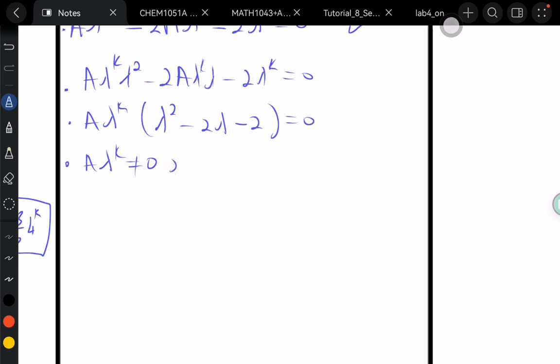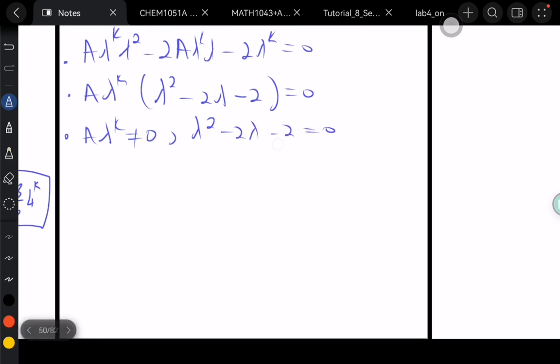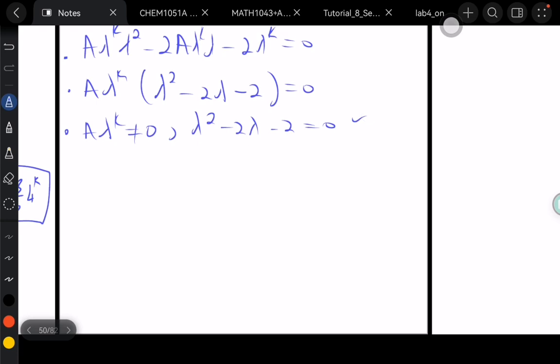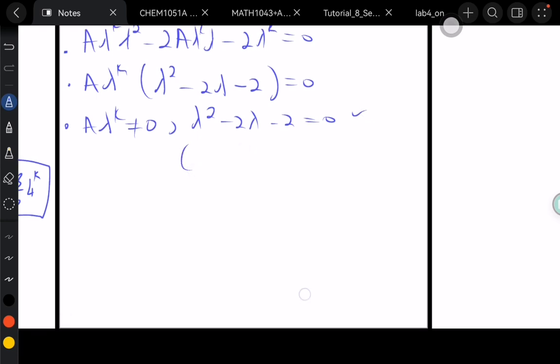So now let's continue with our solving. We say lambda squared minus 2 lambda minus 2 equals 0. Now let's factor this. I can see we don't have whole number factors here, but we can use the quadratic equation.